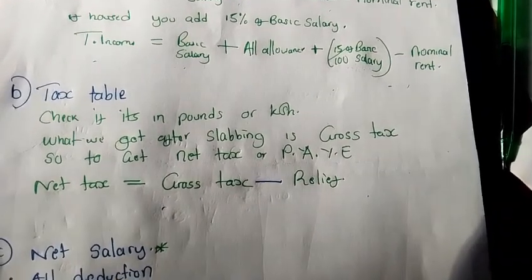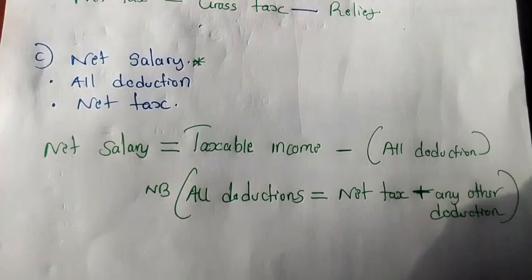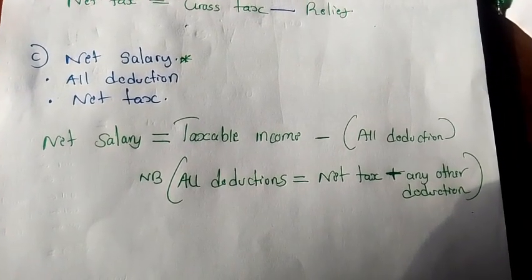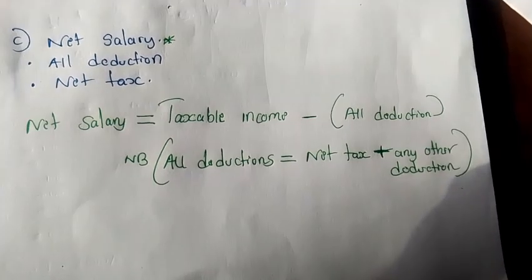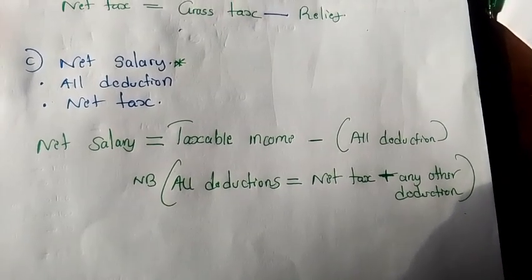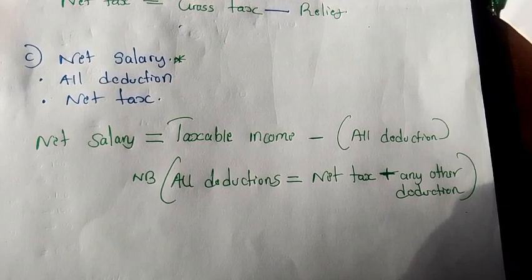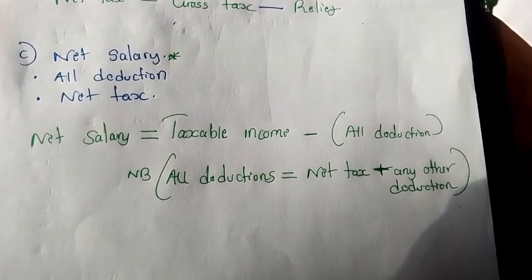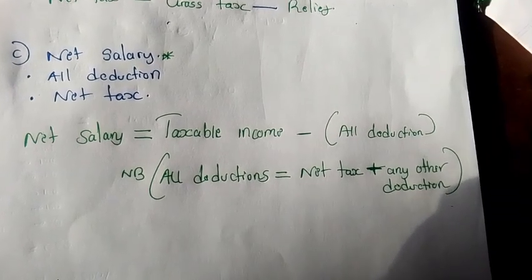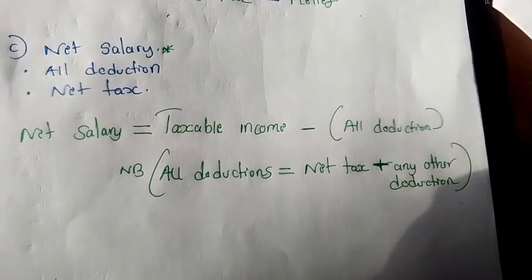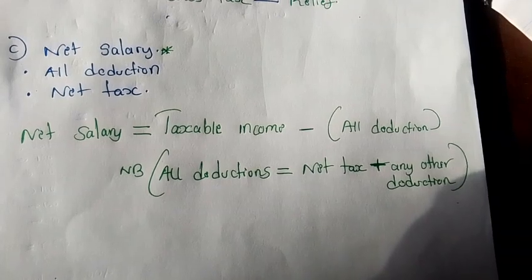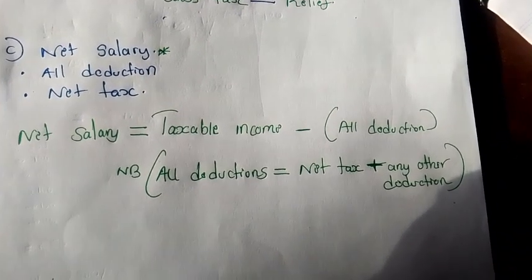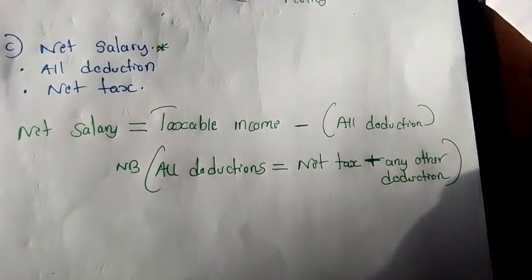So again, any problem you will get in calculating income tax will move to net salary. When you want to get net salary, keep in mind that net salary is the final amount an employee gets in his or her bank account after all the deductions have been made.